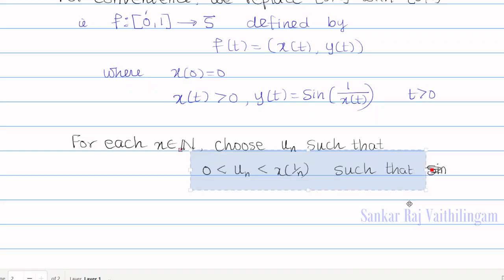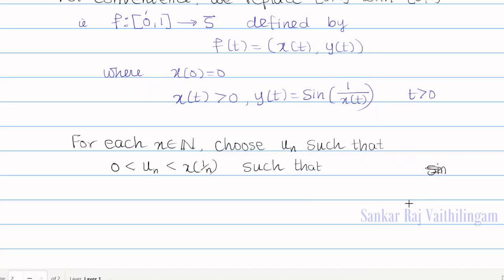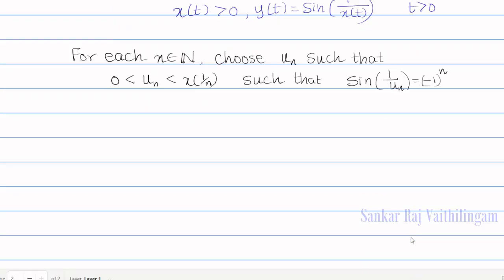Choose u n such that sine of 1 by u n is equal to minus 1 the whole power n. What is meant here is, note that we know sin of (2n plus 1) pi by 2 has the value minus 1 the whole power n.